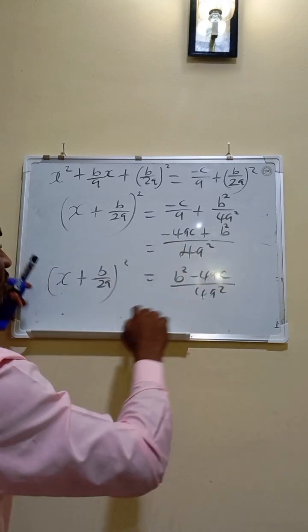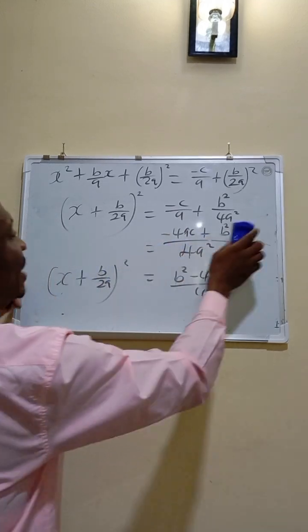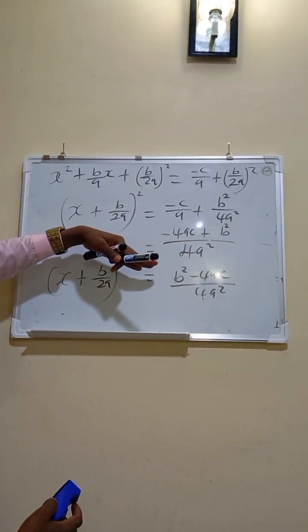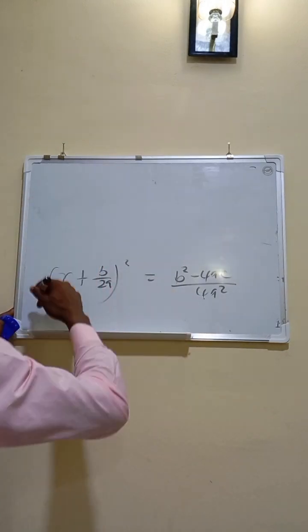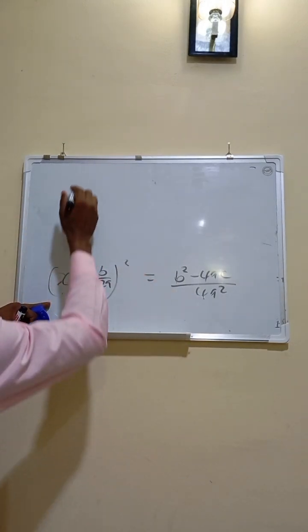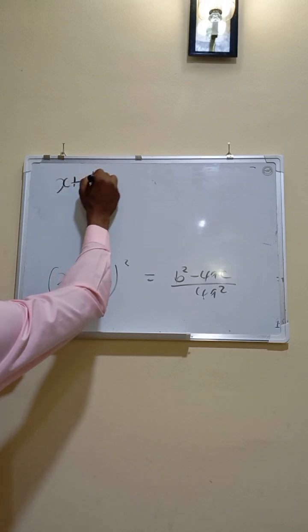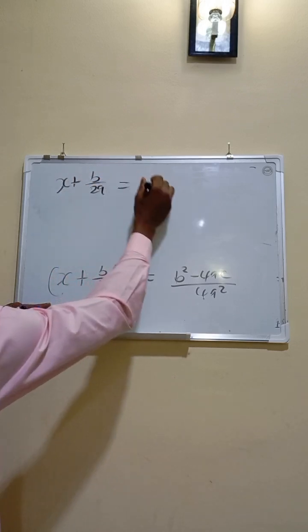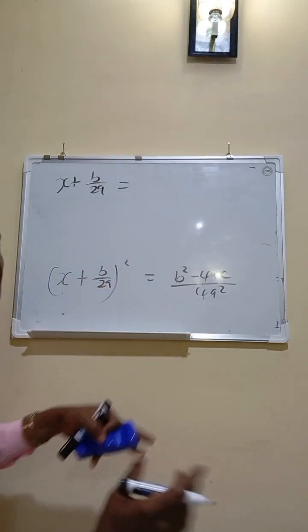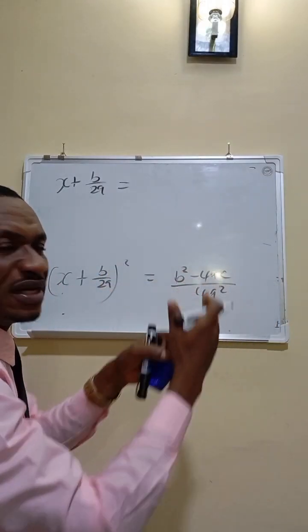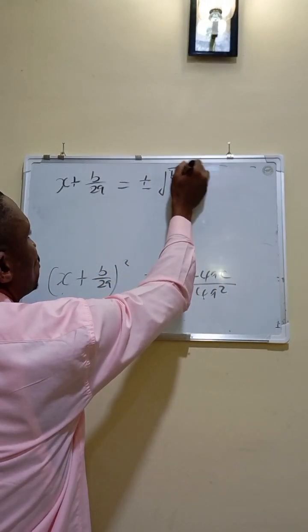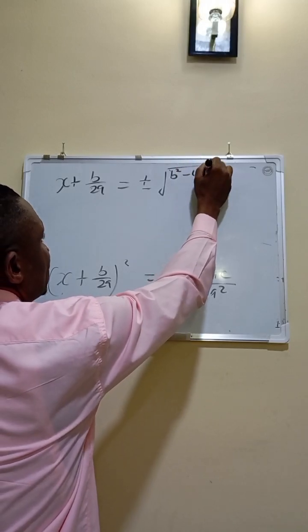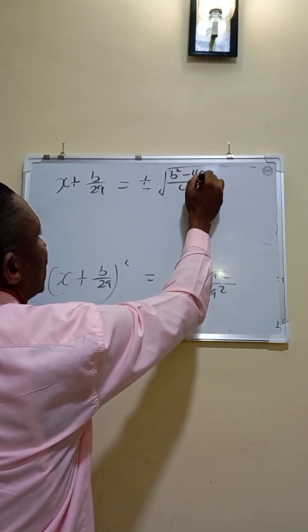If you square root both sides, this will open to give you x plus b over 2a equals, and when you square root both sides, you assume this side to be positive or negative. You say plus or minus the square root of b squared minus 4ac all over 4a squared.